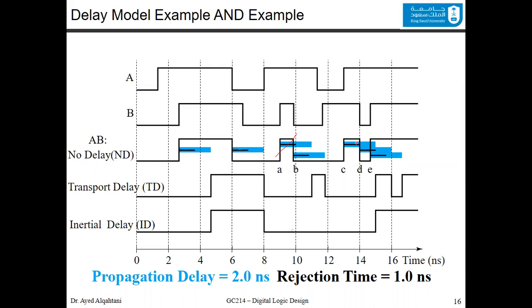We also don't consider this, even though it's on the margin of the window. And we also don't consider this change. So you will have this high time, and you will keep at 0 until you go back to 1.